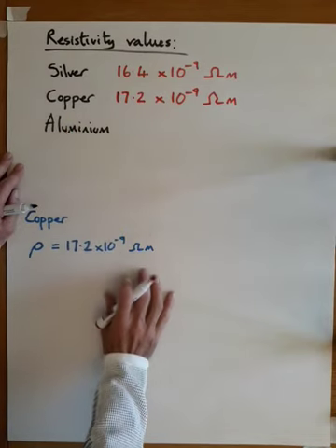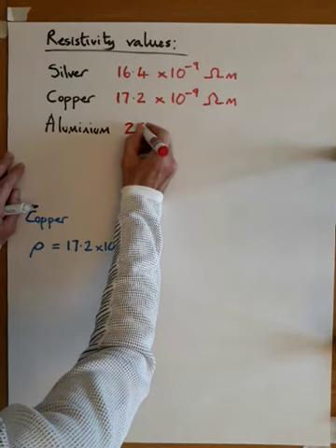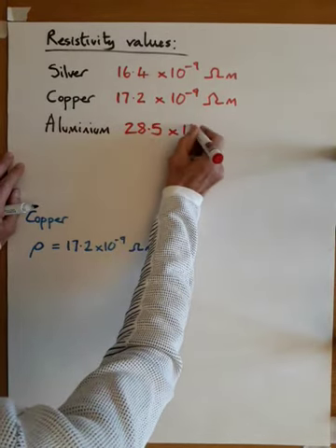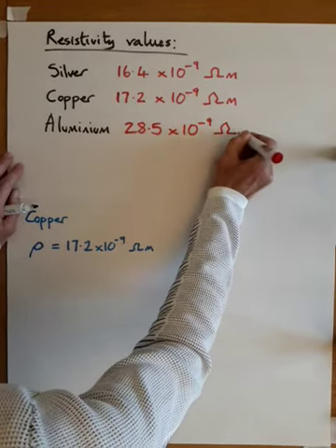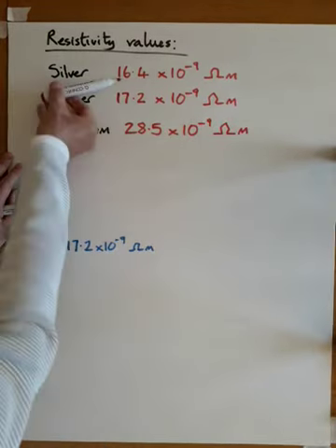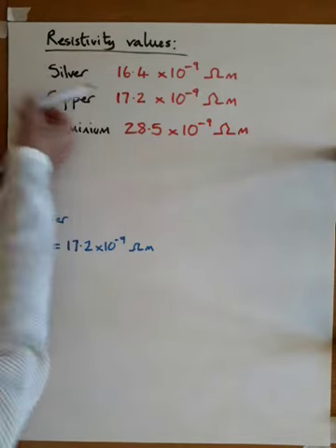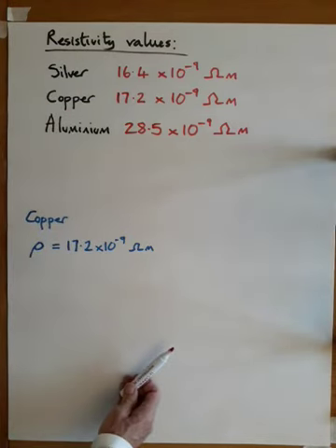It's not quite as good as copper for us, and that is typically in the area of 28.5 times 10 to the minus 9 ohm meters. So the lower the number, the better the conductor. And copper is still very good at 17.2 times 10 to the minus 9 ohm meters.